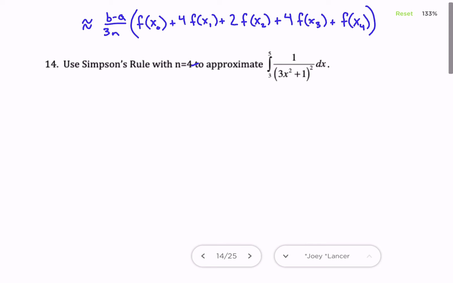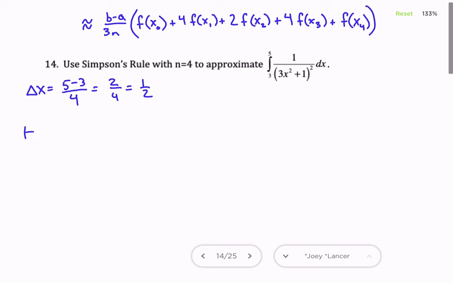So the first thing I like to do is find delta x. This is going to help me find my x value that I plug in to find all my y values. So here you're actually going to get 5 minus 3 over 4. So that's b minus a over n. Okay? And this ends up being 2 over 4, or 1/2.